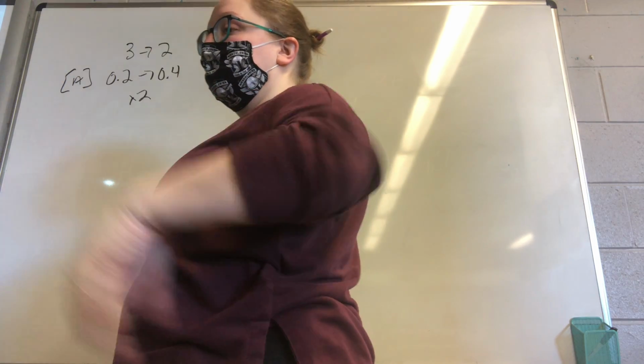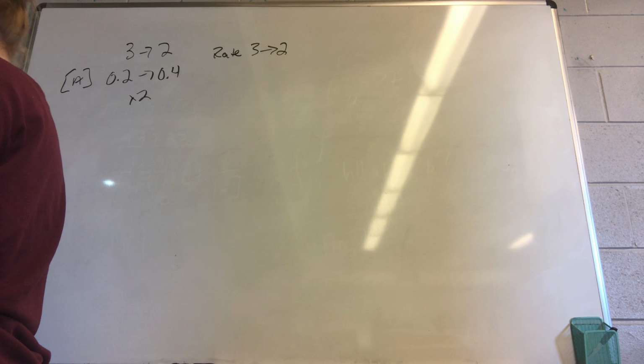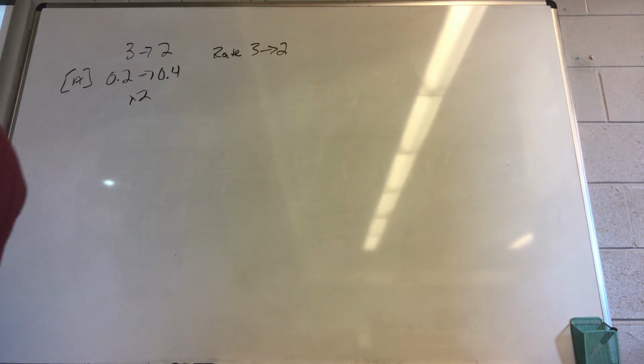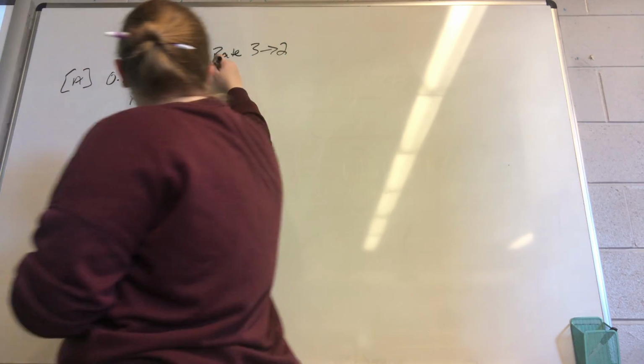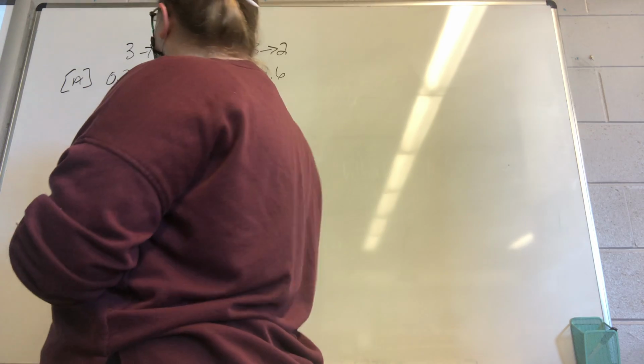Is that times 4 or times 3? Times 4. So what's the difference as far as the factor? Did you multiply by 2? By 4? By 3? Divide them and you get times 4. So it went from 2.4 up to 9.6. So this is times 4.